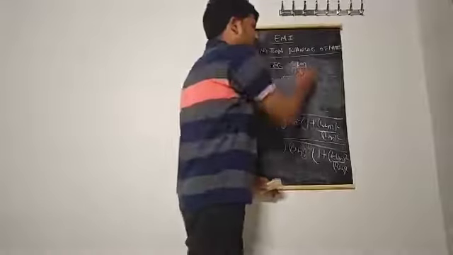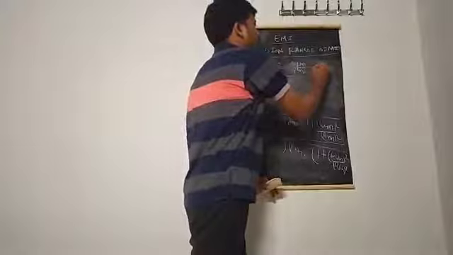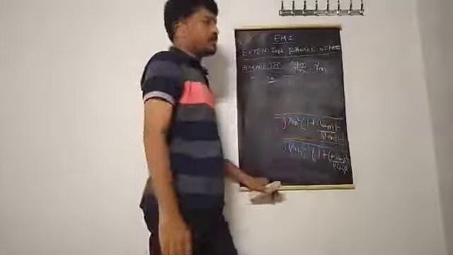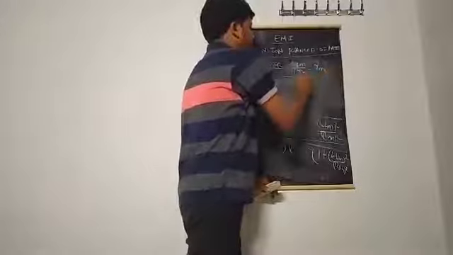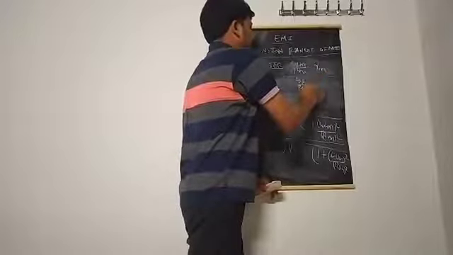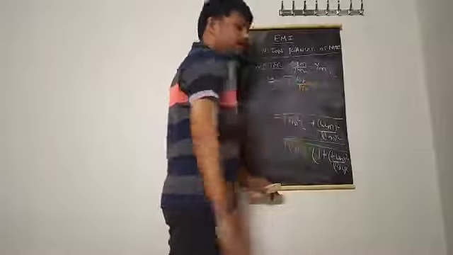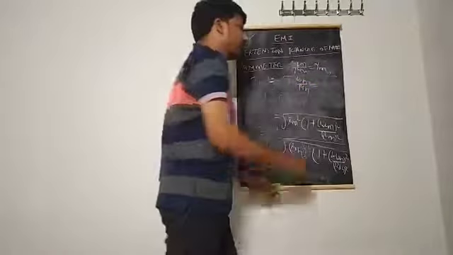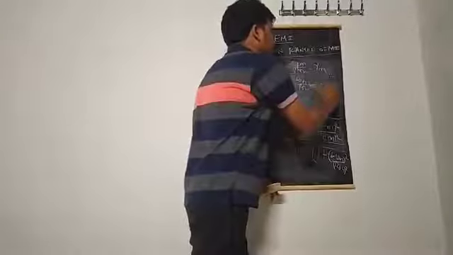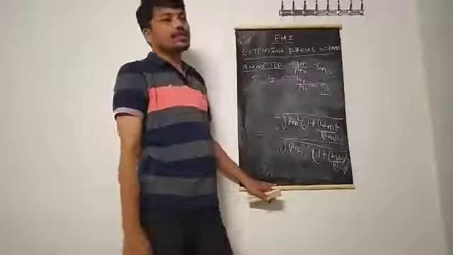Which time constant? Lm by Rm, M means meter constant. Therefore tau m, that is the meter time constant. And similarly LSH by RSH is also a time constant. Which time constant? That is the shunt time constant.